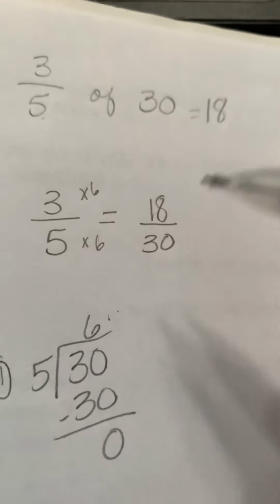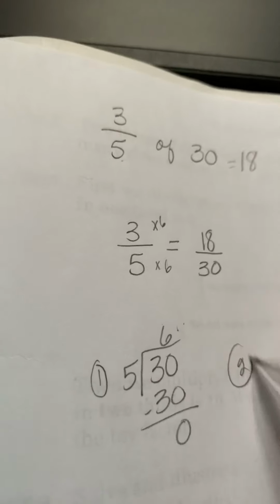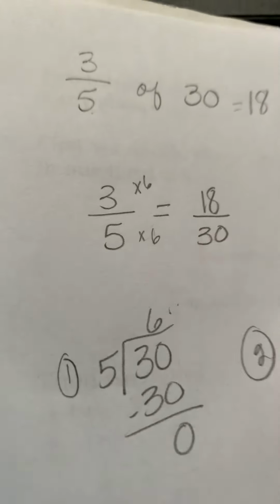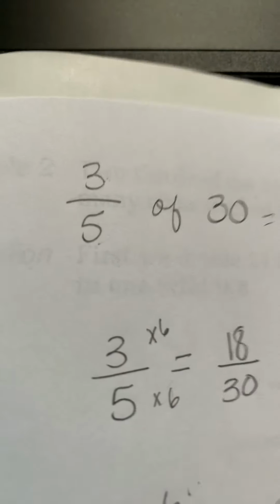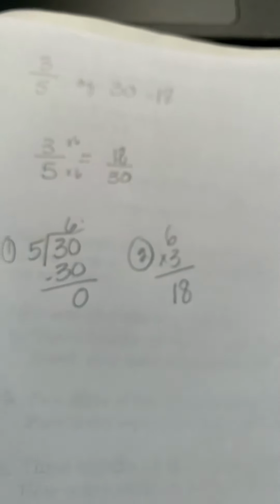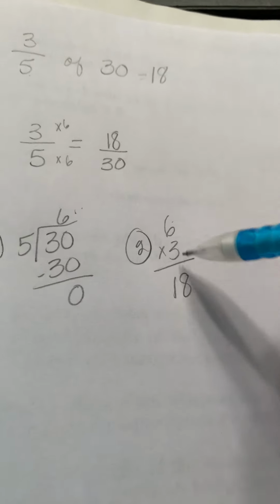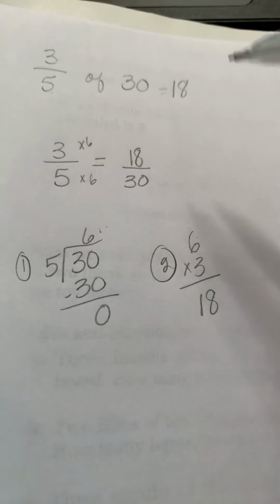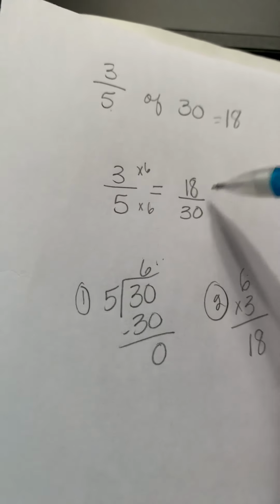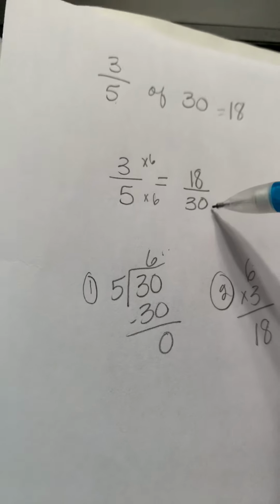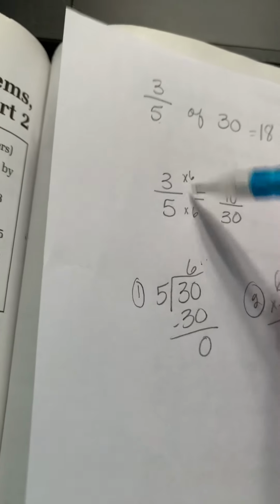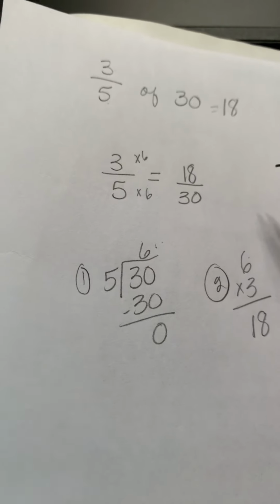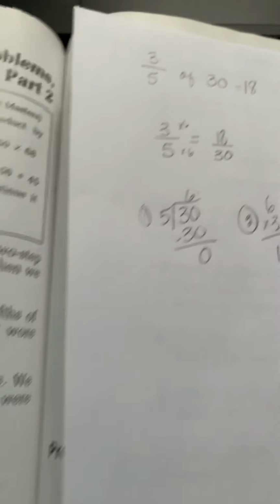We got 6. And then our second step is to take this answer, 6, and multiply it by the top number of the fraction, giving us 18. So 6 times 3 is 18. But then we can check it this way by saying 18 out of 30 is the same as 3/5. Because we multiply both parts by 6, we can check it and see that those are equal.